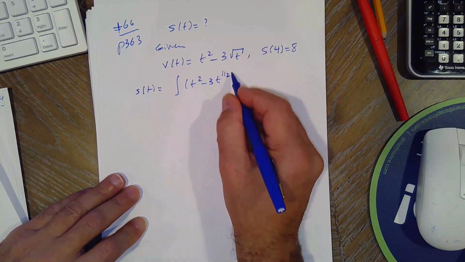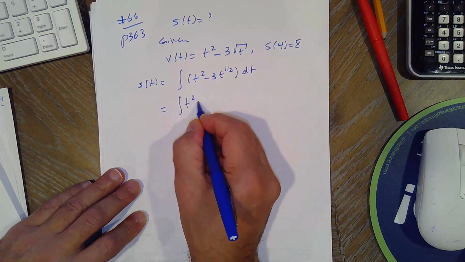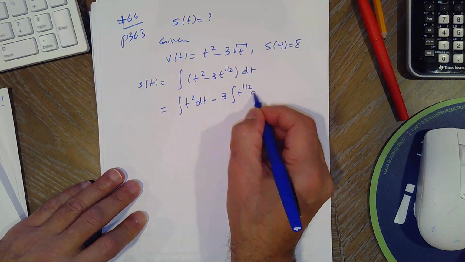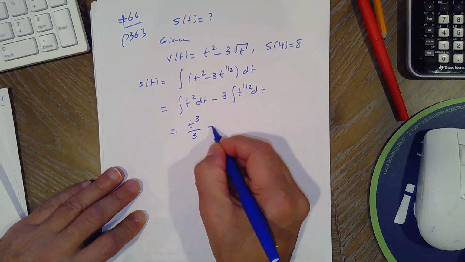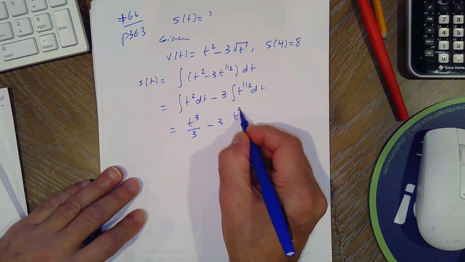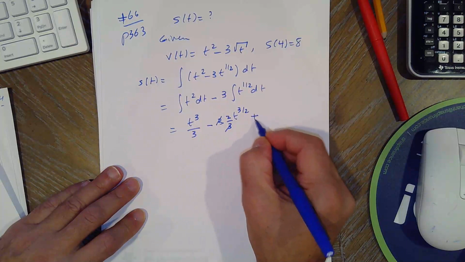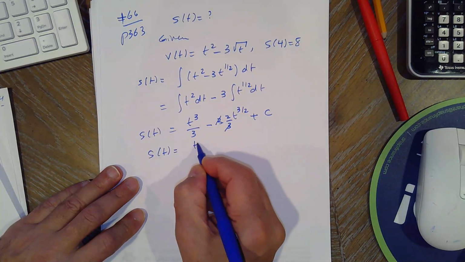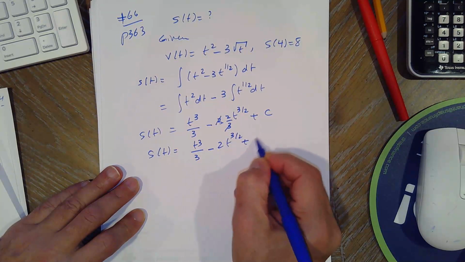We're going to write root t as t to the 1/2. We're going to split it up and move the constant out while we're splitting it up. So it's t cubed over 3 minus 3 t to the 3/2 times 2/3 instead of dividing by 3/2, plus c. So s of t is t cubed over 3 minus 2t to the 3/2 plus c.